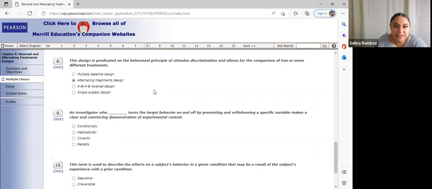An investigator who blank turns the target behavior on and off by presenting and withdrawing a specific variable makes a clear and convincing demonstration of experimental control.